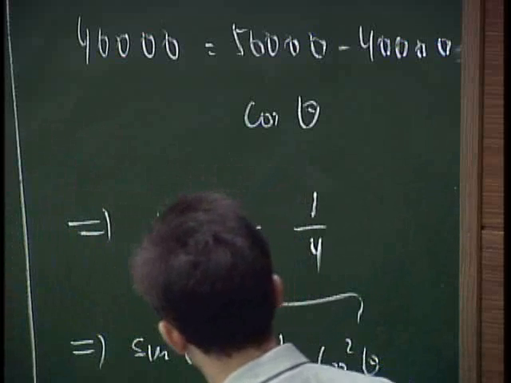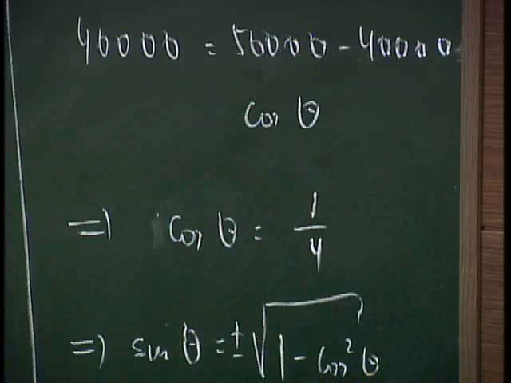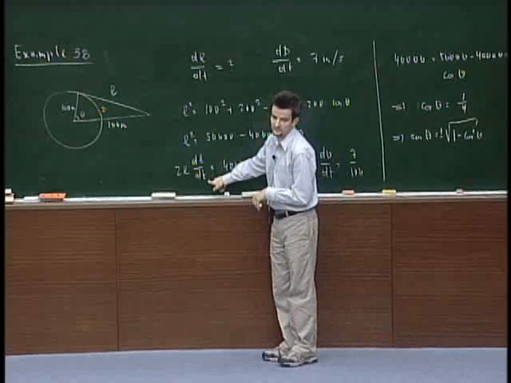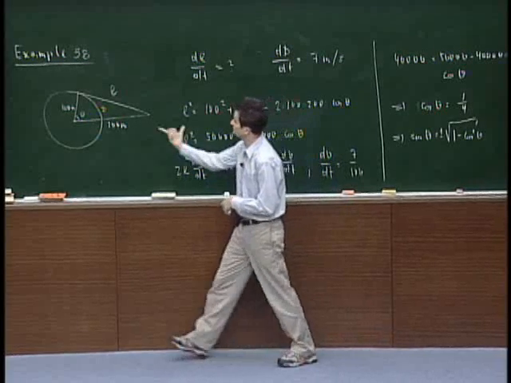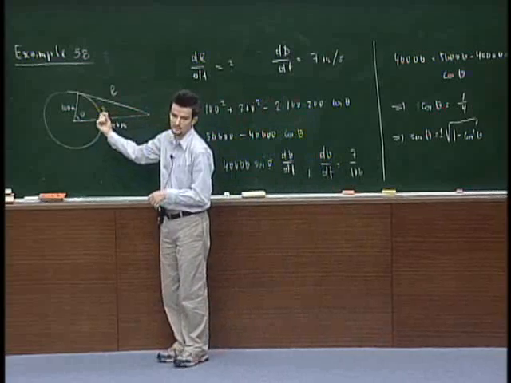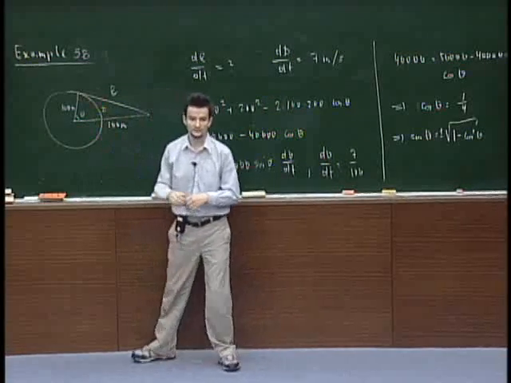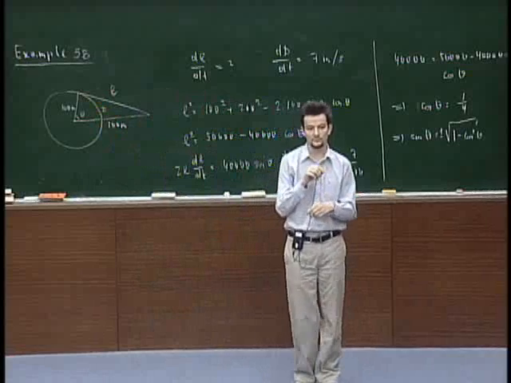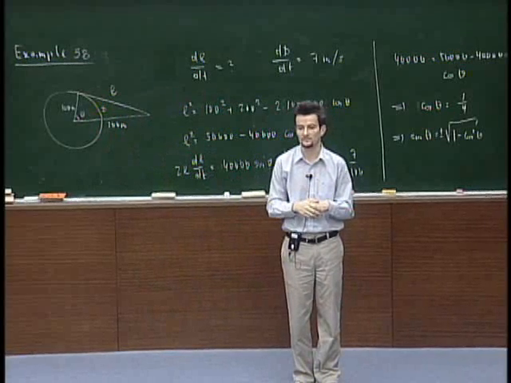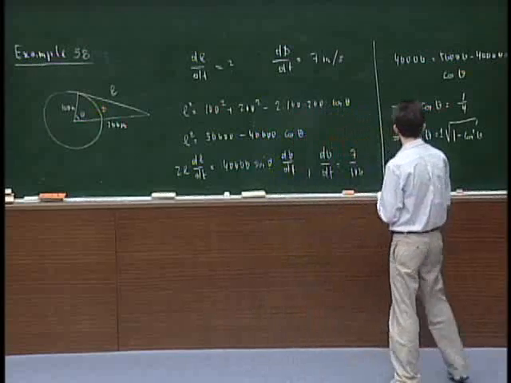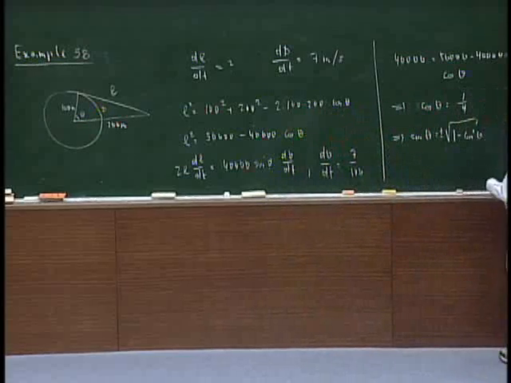This gives us two solutions, but the only effect of this plus minus on dL over dt is that it's either plus or minus. We do not know whether the distance is increasing or decreasing, because this depends on which direction the sprinter is running. If you look at the exercise, there is no indication of which direction the sprinter is running, so we do not have to care about this. We could forget about the sign.